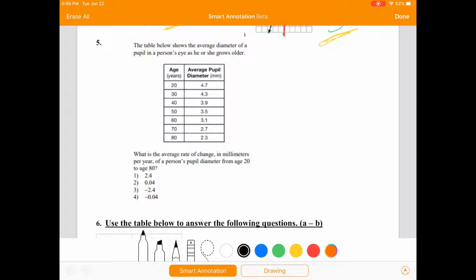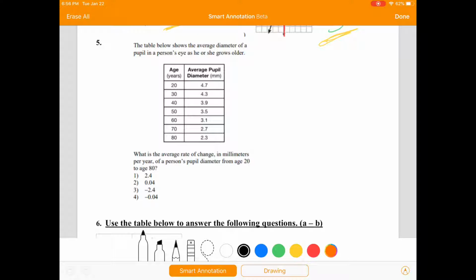For number 5, the table below shows the average diameter of a pupil in a person's eye as he or she grows older.